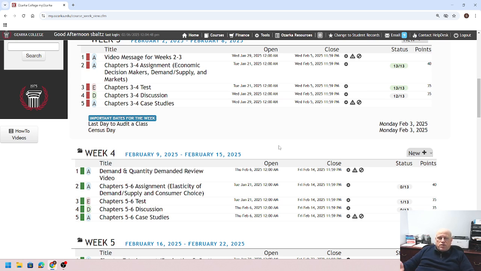All right. These chapters 5 and 6 are the first chapters that we've covered this semester that actually branch out into microeconomic concepts. So far, chapters 1 through 4 are just basic economic concepts that are going to be true whether you're studying macro or microeconomics.